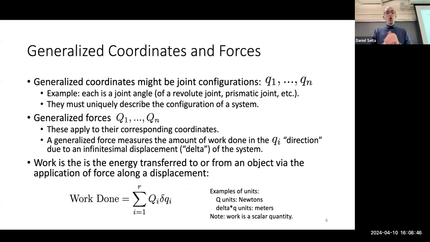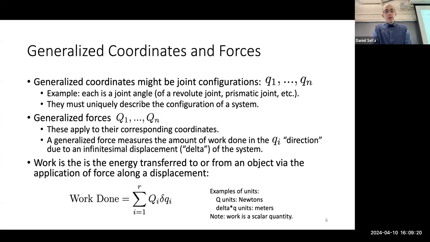Generalized coordinates must uniquely describe a configuration of your system. In robotics, it's very common that they're joint angles. We talked about revolute joints and prismatic joints. Revolute ones are very common in robotics: you have two robot links joined by a joint, and then you have some angle that describes the location of a link with respect to another link.